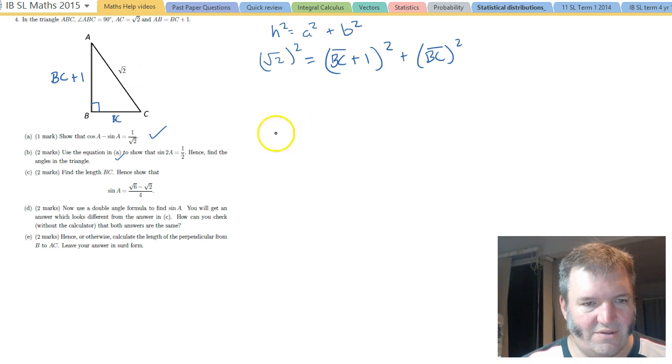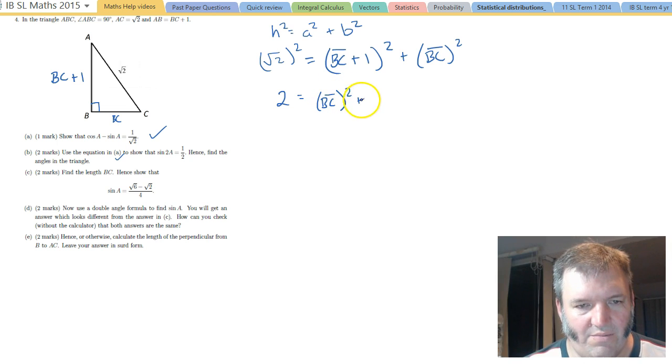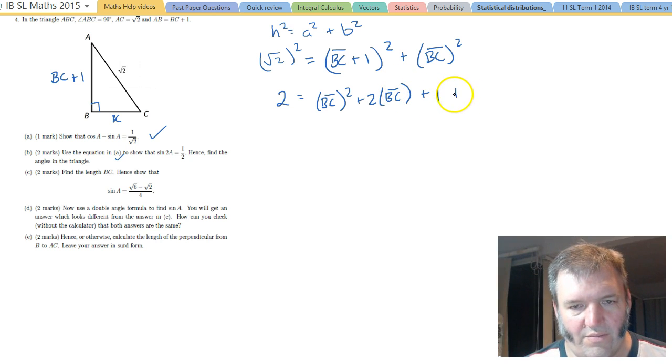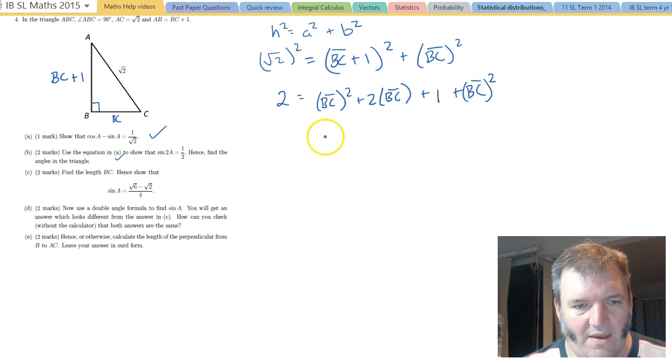Alright, so now we do our little expanding and solving and see how we go. So root 2 squared is 2. We remember how to expand these expressions. That's going to be BC squared plus 2 times BC plus 1 squared is 1 plus another BC squared. This looks like a quadratic, so let's get everything together.